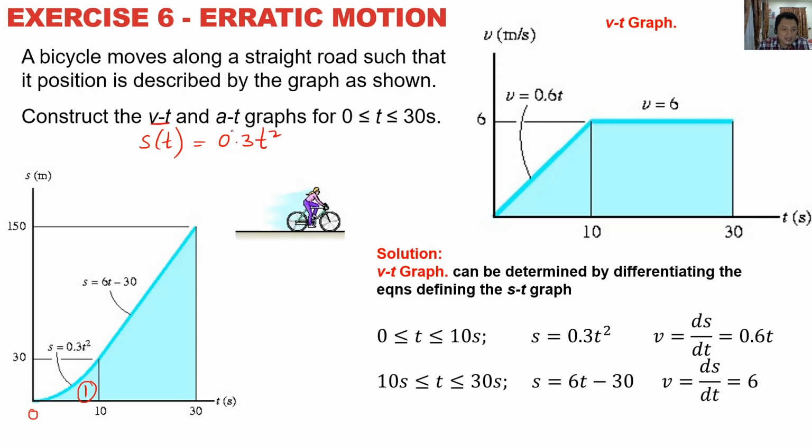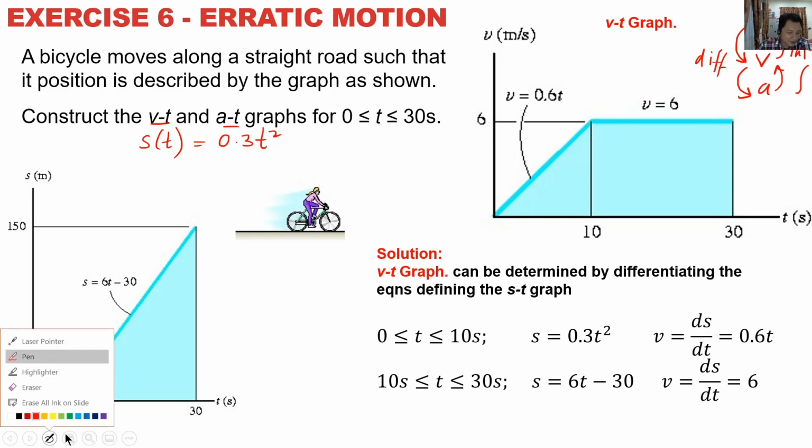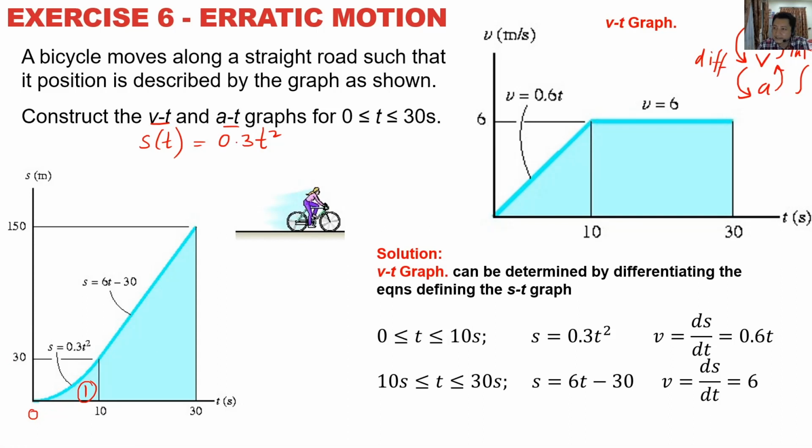The question says to construct the VT and the AT graph. If you want to construct the VT graph, you have to go back to S, V, A. Differentiate going this way, integrate going this way. Since you are at S and you want to go to V, you definitely need to differentiate.